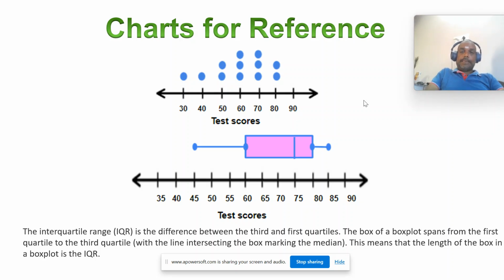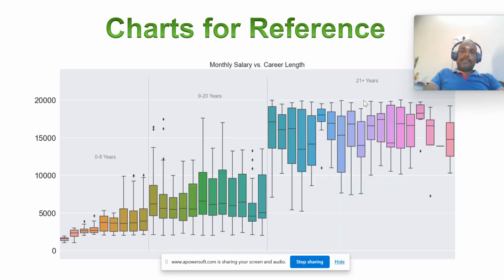Okay, this is a typical, classical, well-known example of monthly salary against career length. You can see the axis starts from 5,000 to 30,000. This is directly related to your salary and career length.